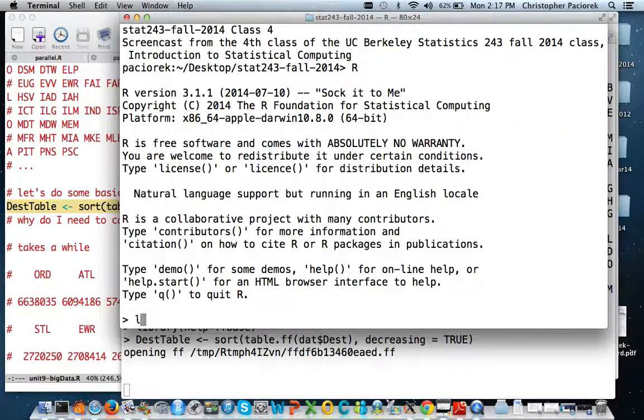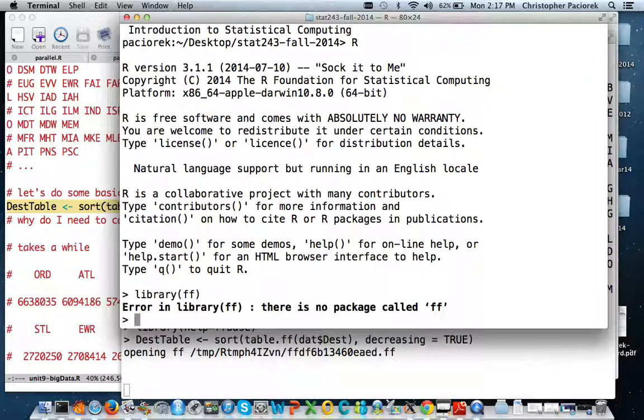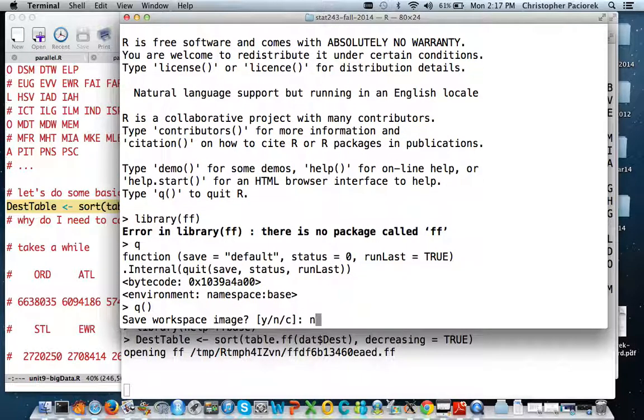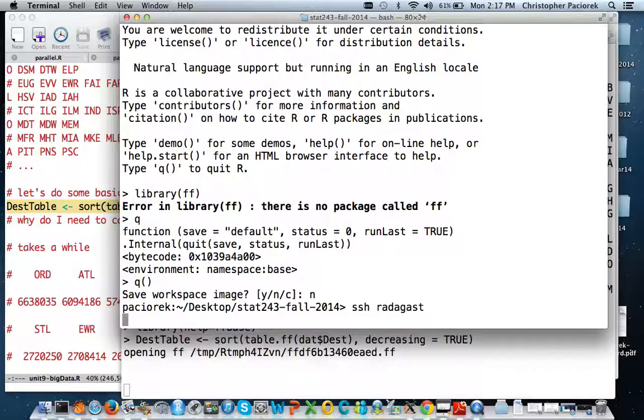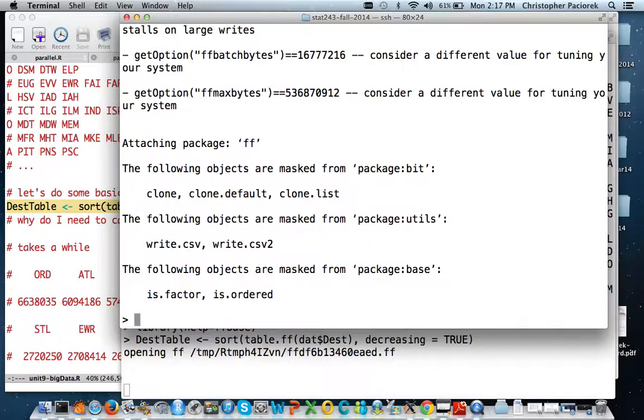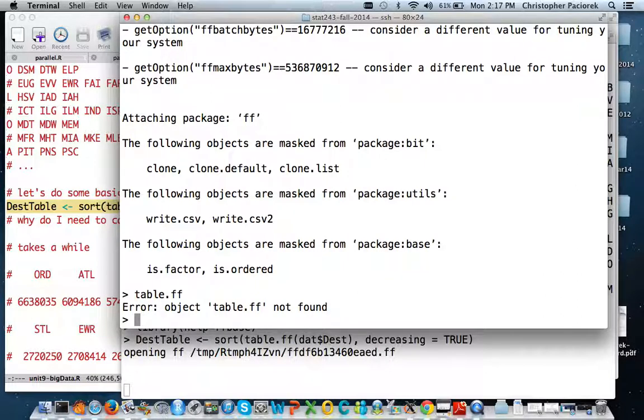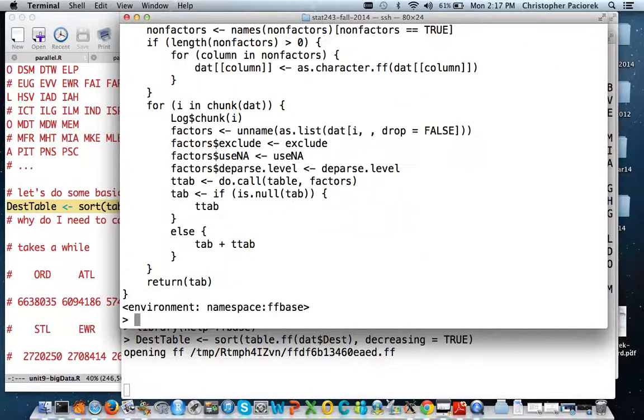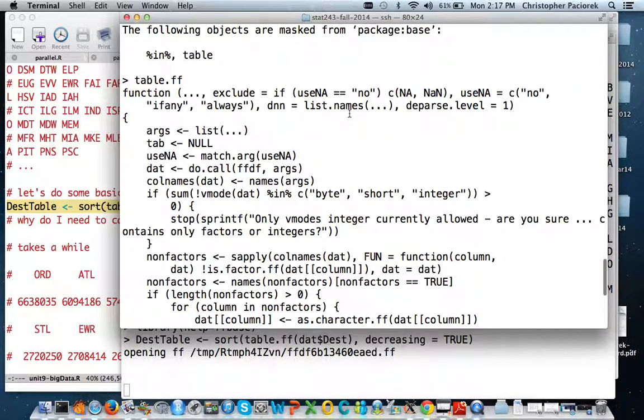And I will give you a little bit of a hint here. Oh, right. Okay, so if I just look at the table.ff function, we can see that it's a function that does whatever it does.